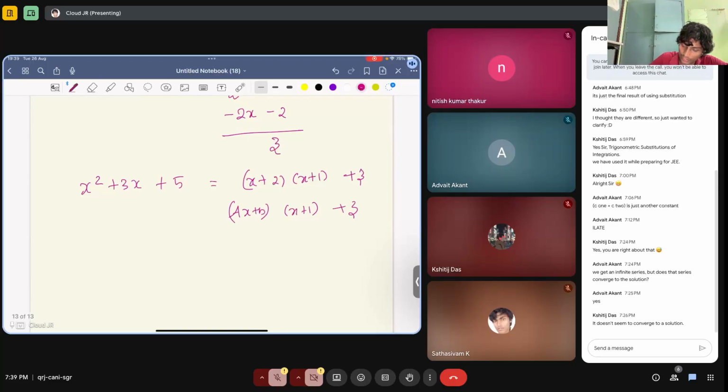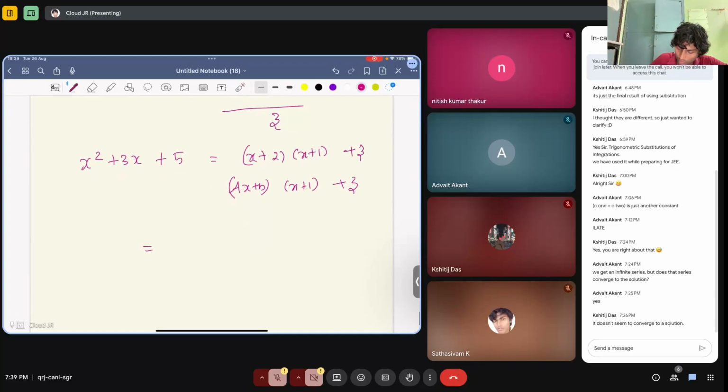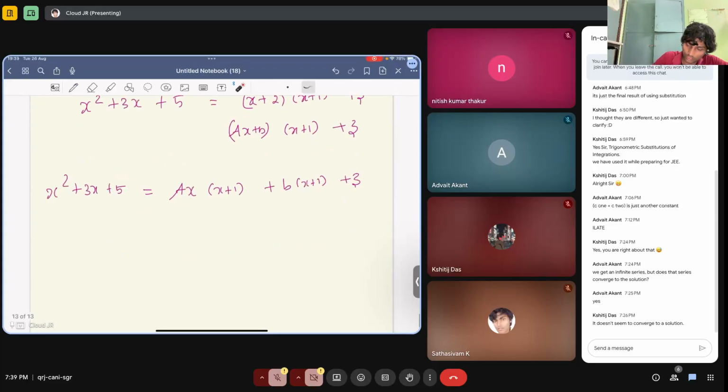Somehow if you find the A, in this case A is 1, so maybe I'll write it properly. So this is capital Ax into x plus 1 plus B into x plus 1 plus 3. Again, this is x square plus 3x plus 5.